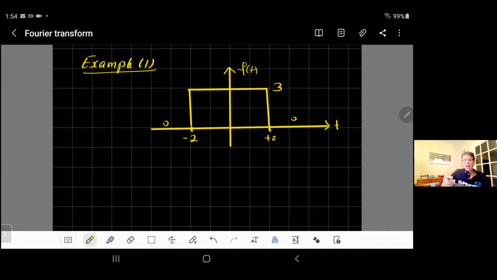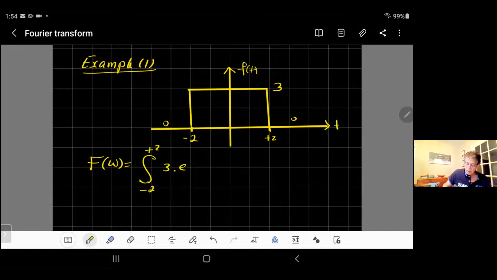Now I want to get the Fourier transform of f of t. So F of omega is equal to the integration from minus infinity to infinity of the function. But the function is defined only from -2 to +2, so you change the limits of integration to -2 to +2, and the function is equal to 3.